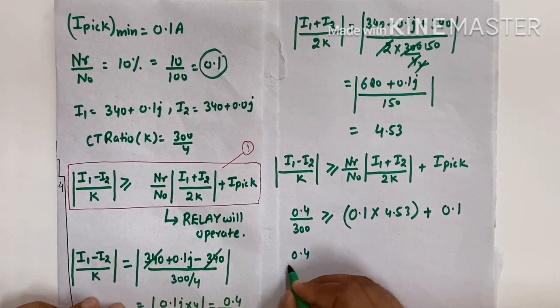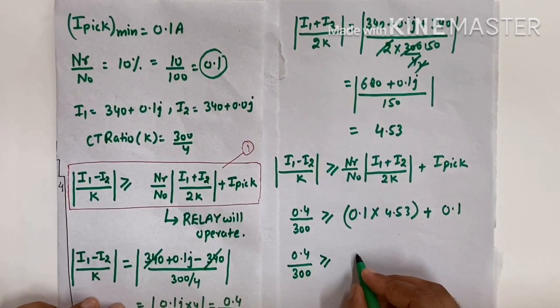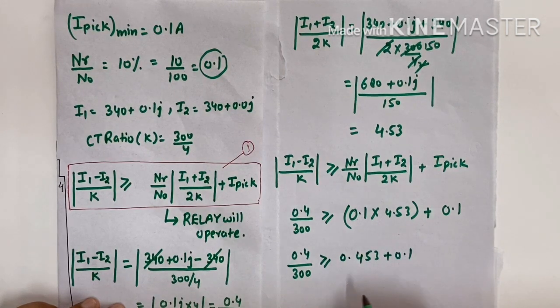After solving, we get 0.4 upon 300 greater than or equal to 0.453 plus 0.1. If we add, we get 0.553.